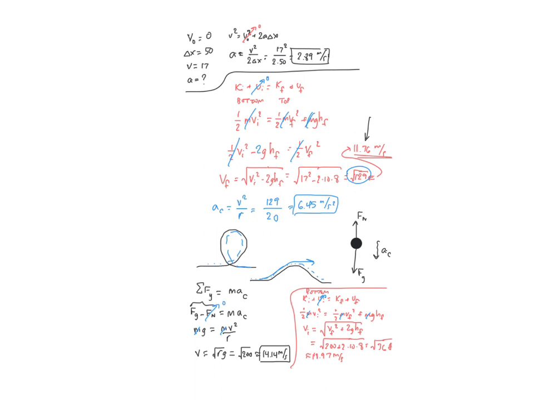And then we want to solve for the acceleration needed to bring you up to this speed, which is going to be exactly the same thing we did way up here. Because you knew the initial speed is 0, the distance is still 50, the v is now going to be the new value, which is 18.97, or we can just say the square root of 360, and the acceleration is what we're looking for.